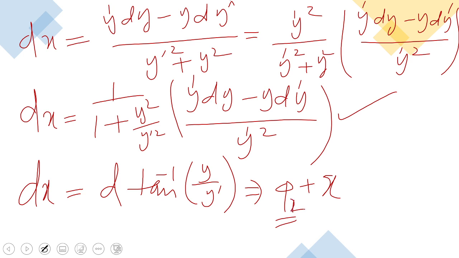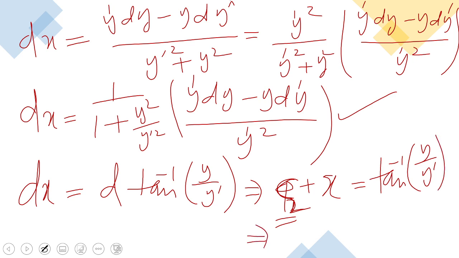Let's take it as a constant c2 so that I will get phi 2 is equal to tan inverse y over y dash, and after rearranging, phi 2 is equal to x minus tan inverse y by y dash. Okay, so this is phi 2.